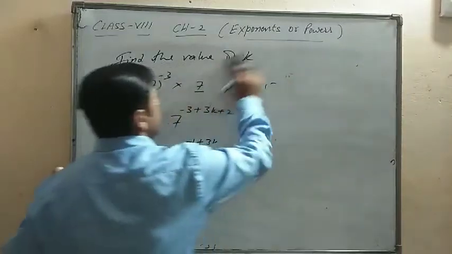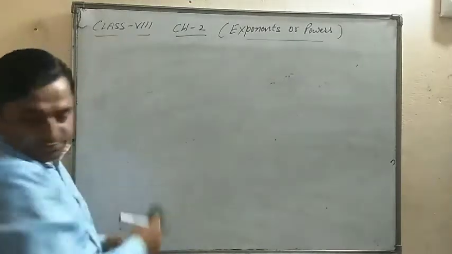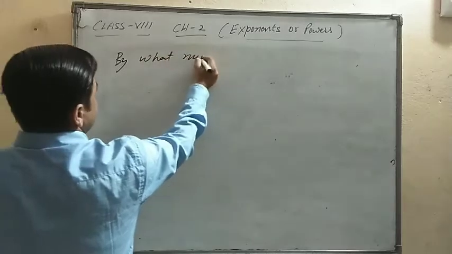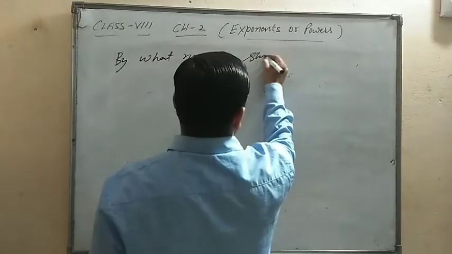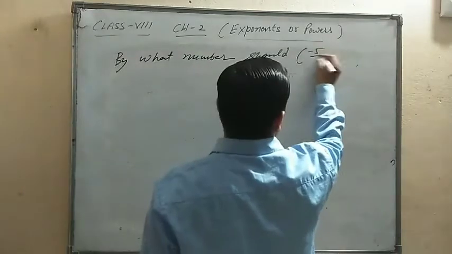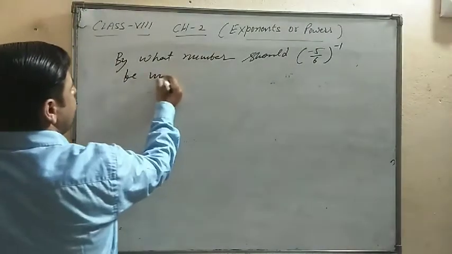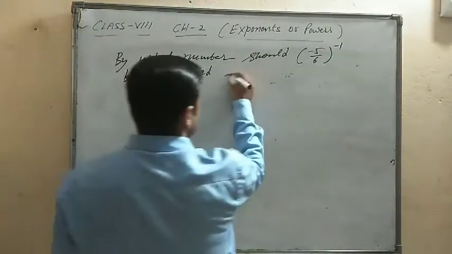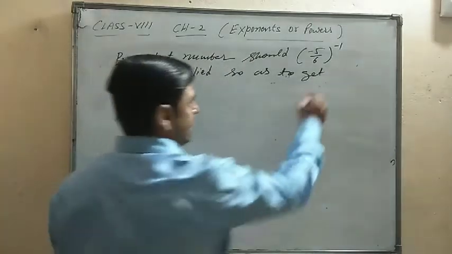In your exercise, in this chapter, there is only one exercise. So the next question is: by what number should minus 5 upon 6 raised to power minus 1 be multiplied so as to get minus 1?